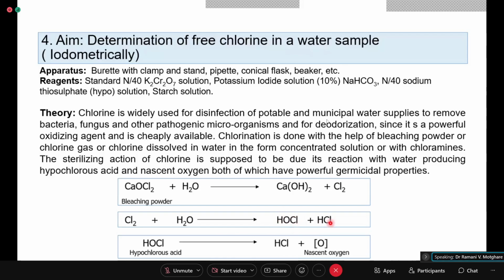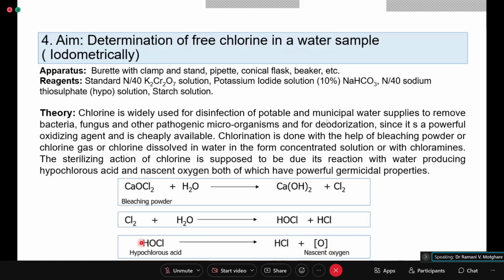This hypochlorous acid itself is a bactericide. It attacks the cell wall of unicellular or living organisms. And if the cell wall is ruptured, then eventually the cell, the microscopic organism, will die. Apart from this, the hypochlorous acid further gives formation of HCl and nascent oxygen is released.